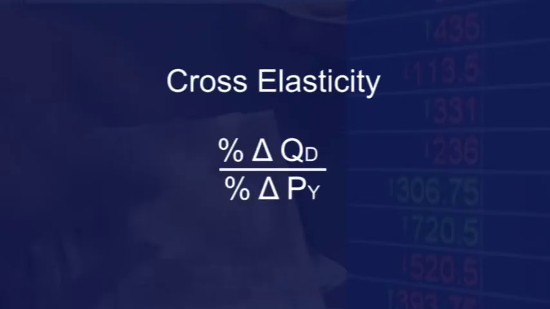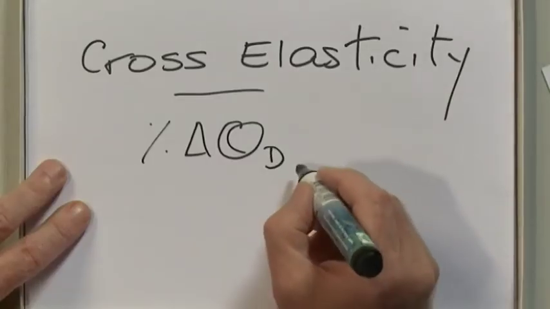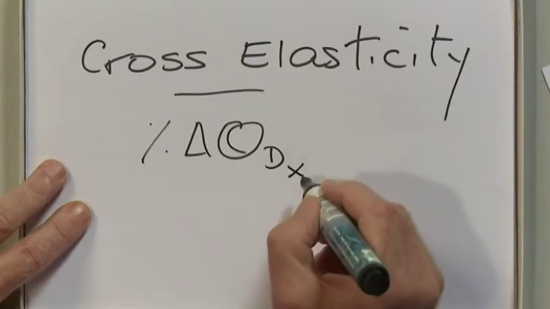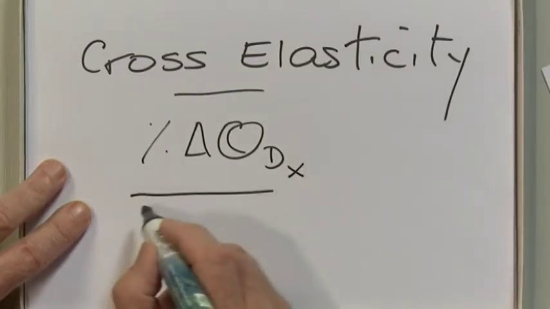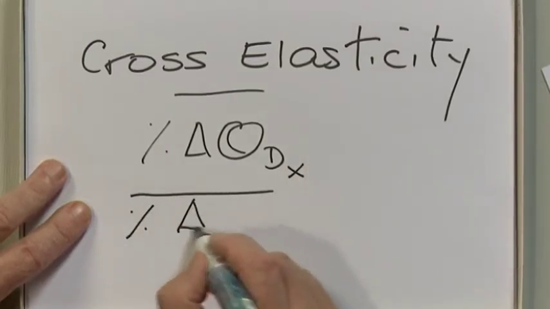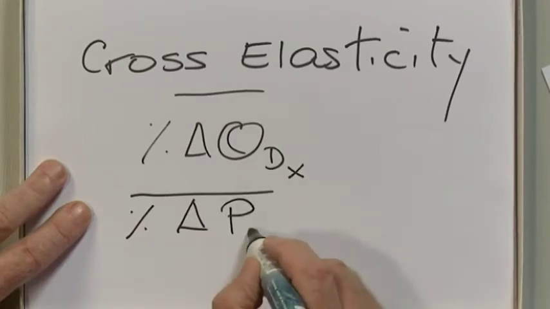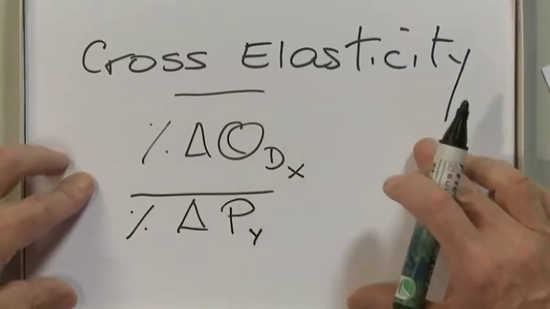So what would that look like? It looks like this. We take the percentage change in the quantity demanded of good X and divide it by the percentage change in the price of good Y.